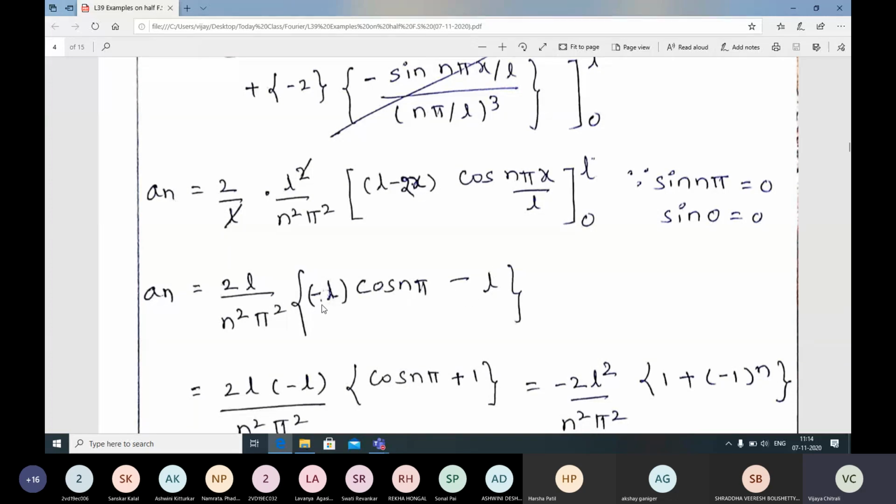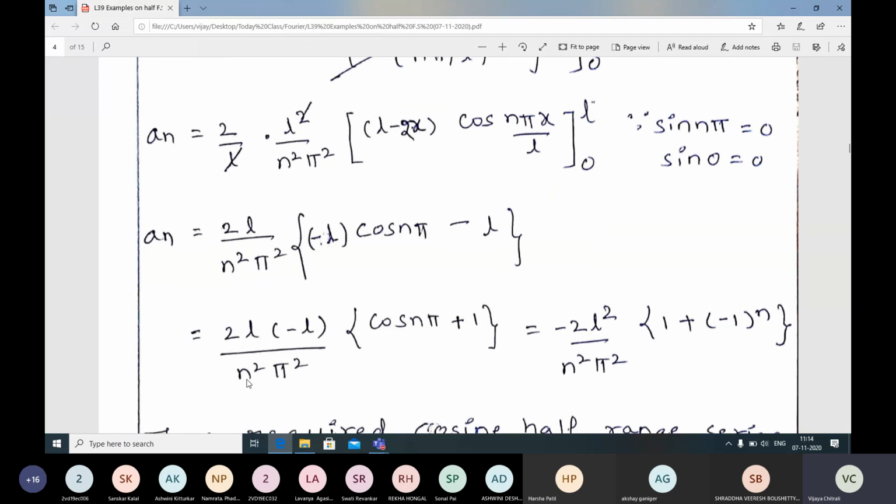Now I'll take minus L as common and take it outside. 2L divided by n square pi square, take minus L as common, inside will be cos n pi, and since minus L has been taken common, here we get inside a plus 1, right? Now both are positive, so I'll write 1 first, plus cos n pi, which is minus 1 raised to n.